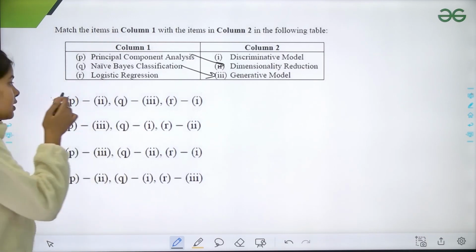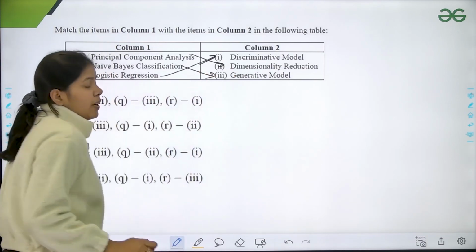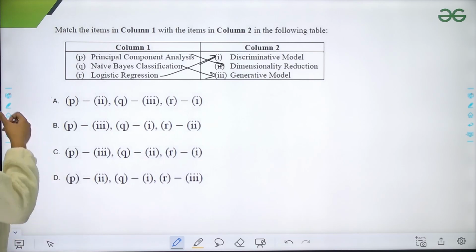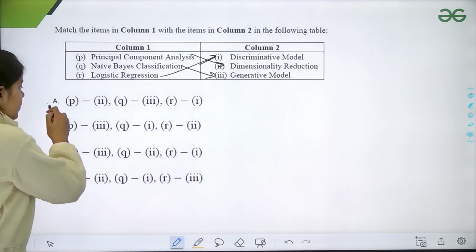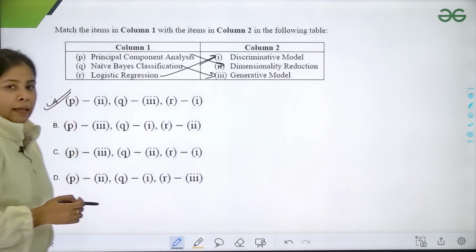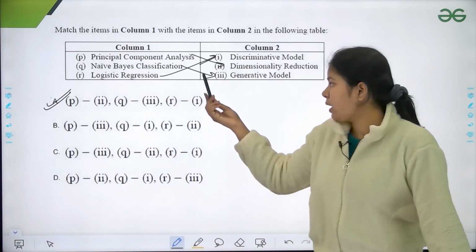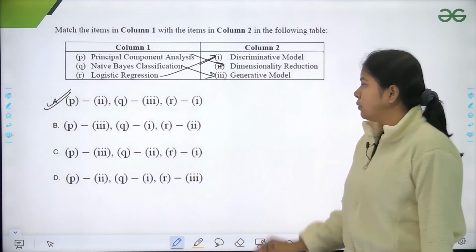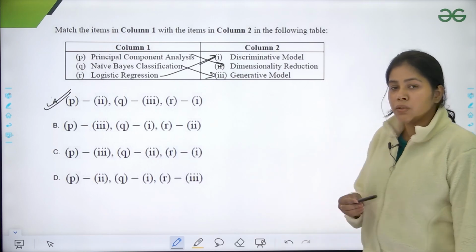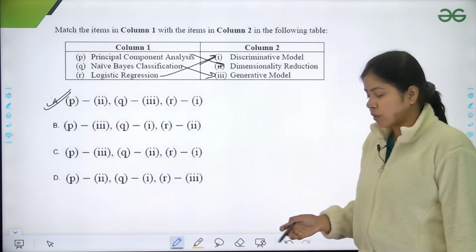Naive Bayes classifier is a generative model, and logistic regression is my discriminative model. So let's see which option is true. Option A is true based on this. We know these algorithms and their models, so we can take the option.